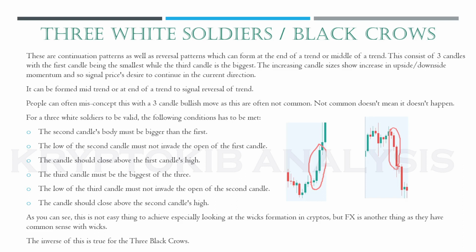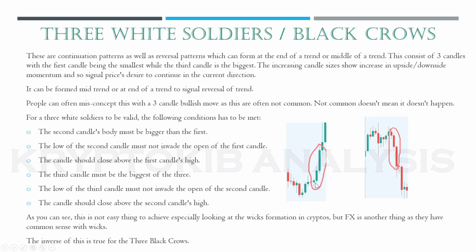So as we can see, this is not an easy thing to achieve, especially looking at the wick formation in cryptos. As you know, FX is a bit conservative with wicks. And for three black crows, the inverse of this is true. So looking at the image now, this is an example of three white soldiers, where we have this candle formation, small wick, some wicks to the bottom, but small body.